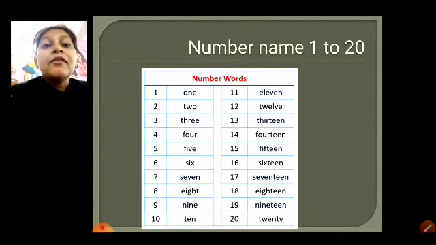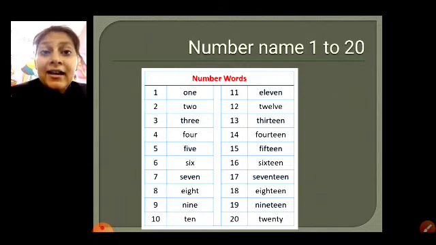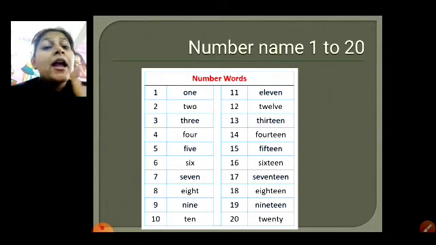So for 14 we use TEEN, right? THIR, TEEN. Same way 14: first of all we write the spelling of 4 and then teen.